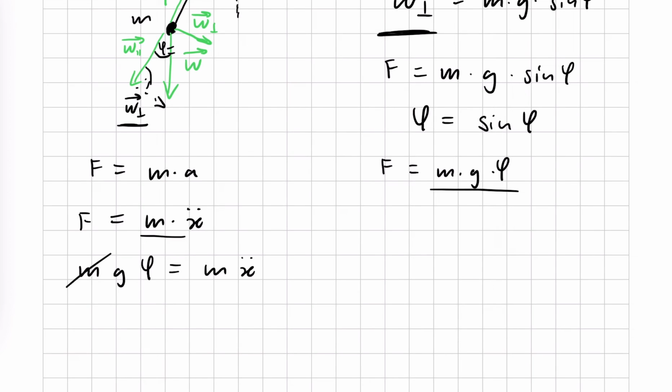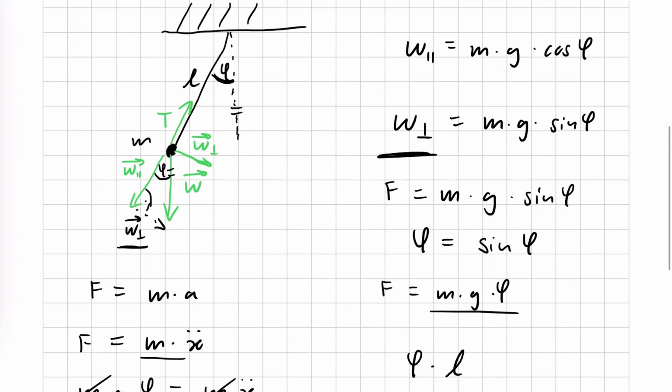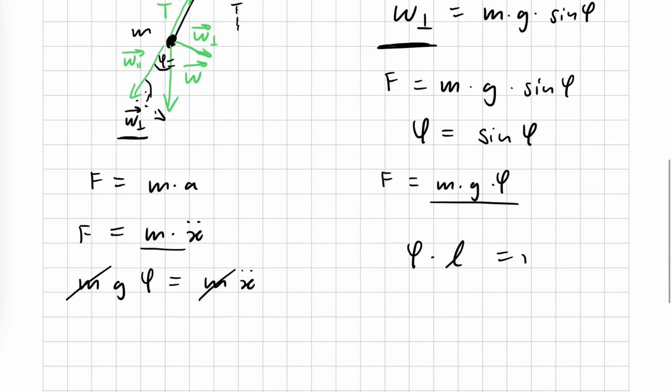And this is nice, m cancels. But now we have a phi and an x double prime, so an x, and they are not the same. But we want to have an equation where we only have x's or only have phi's. And we know that phi times L is equal to x.